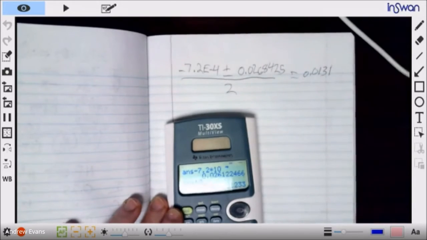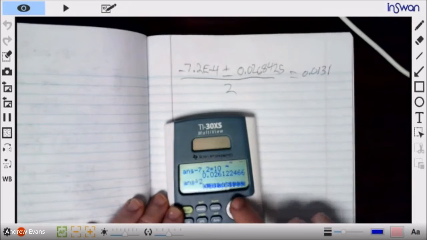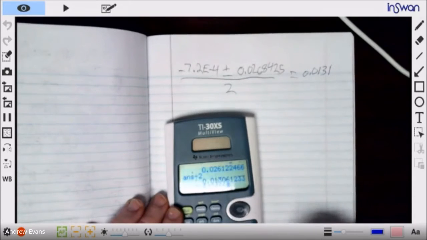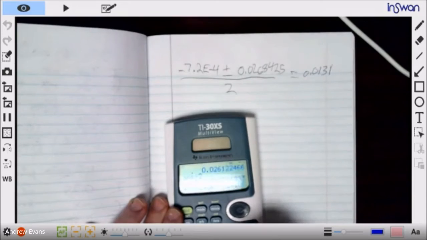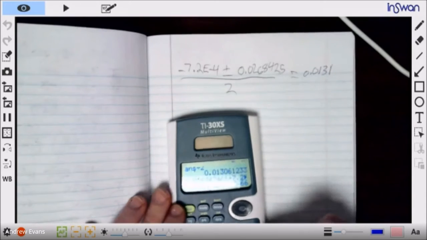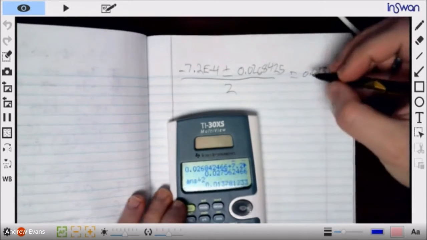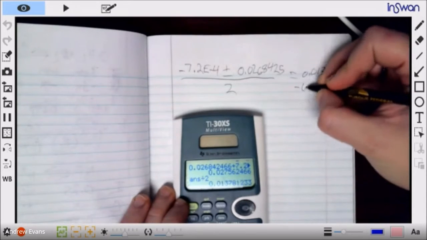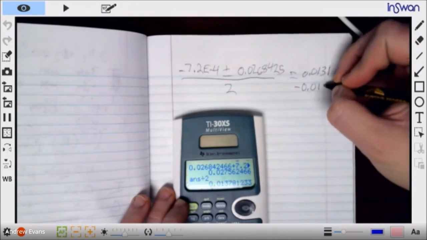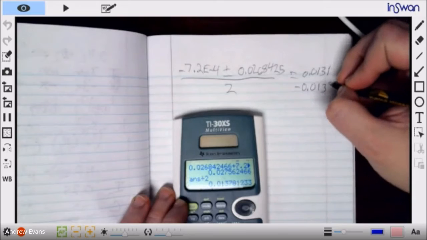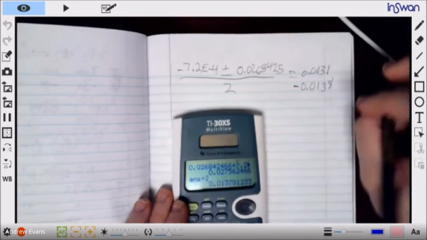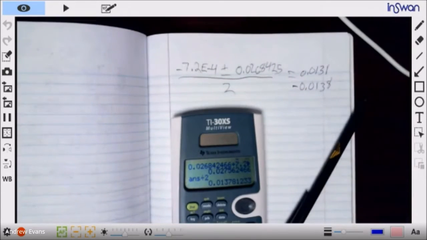And doing the other value, minus 7.2 times 10 to the negative 4, would get the other answer, which is negative 0.0138.